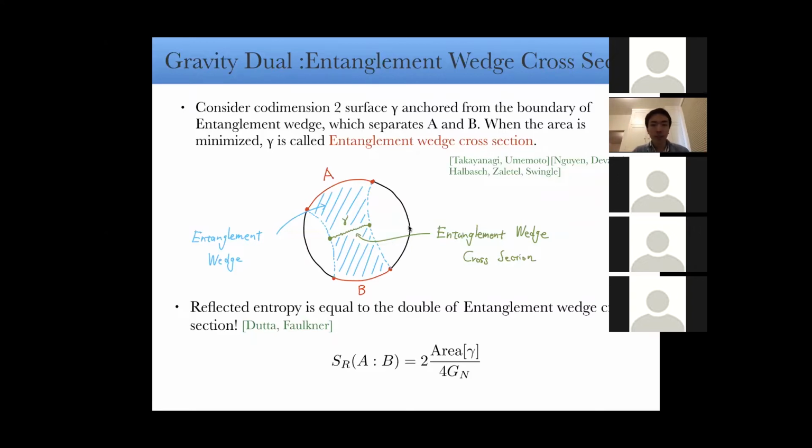The entanglement wedge in the figure is the pale blue region. The entanglement wedge cross-section is a codimension 2 surface anchored on the boundary of this entanglement wedge, and another condition is that the area of gamma is minimum.